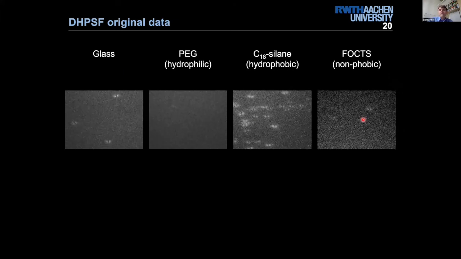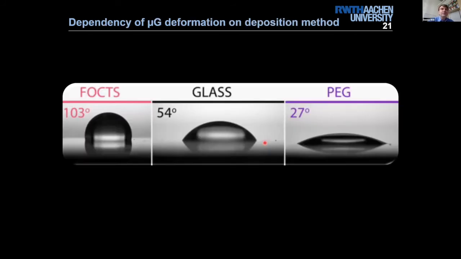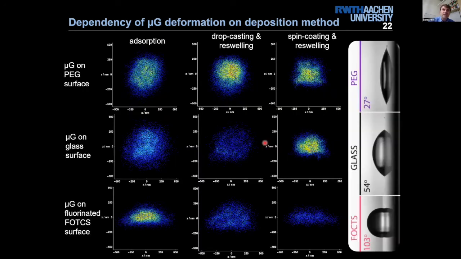Good, we investigated different surfaces, and we also changed the way we added the microgels to these surfaces, and all this gave us a matrix of investigations. I don't want to go into detail on this, but it should show you that we can now really see different shapes on different surfaces with different preparation methods.